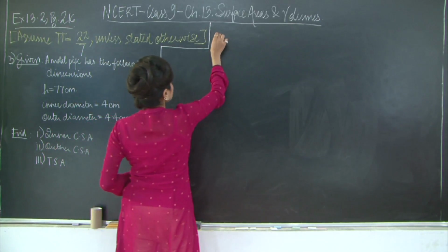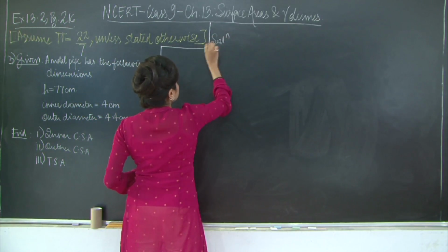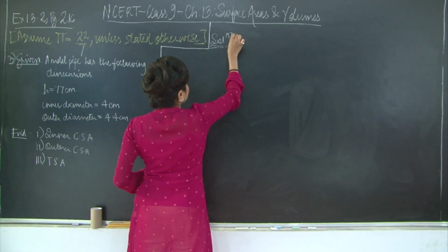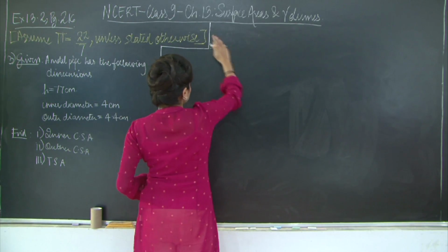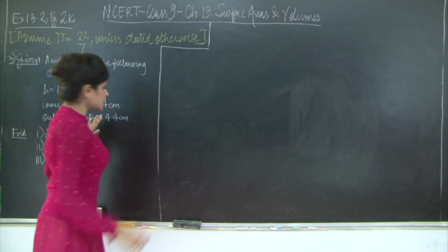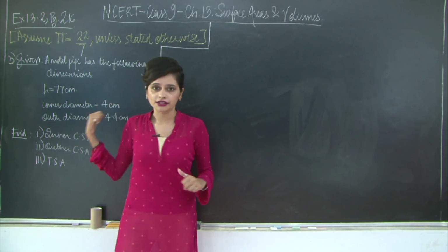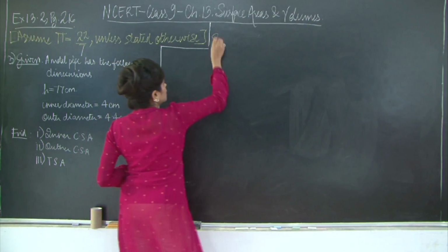So I'll say solution. For the first part, first of all, everything has been given in diameter. We do not have the radius. So we'll first find the radius.